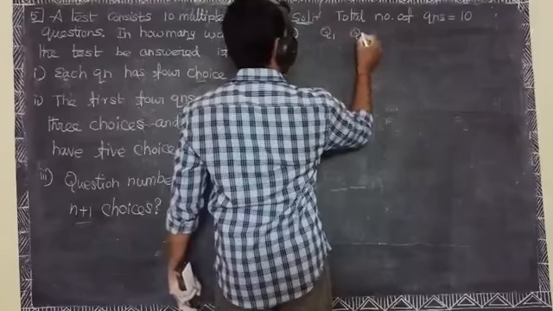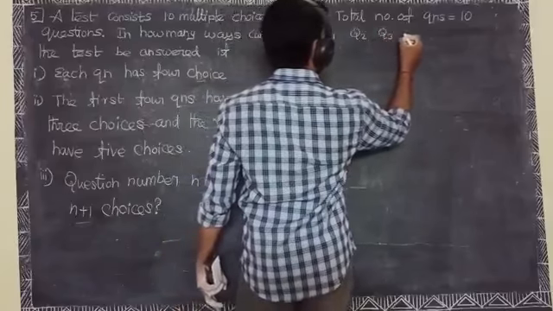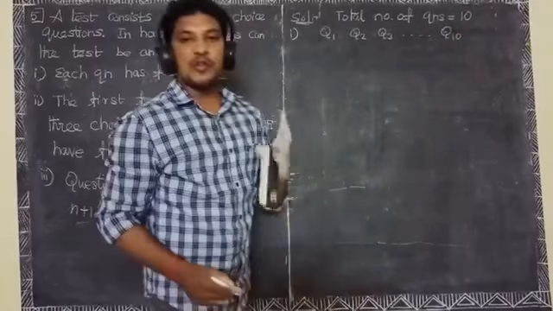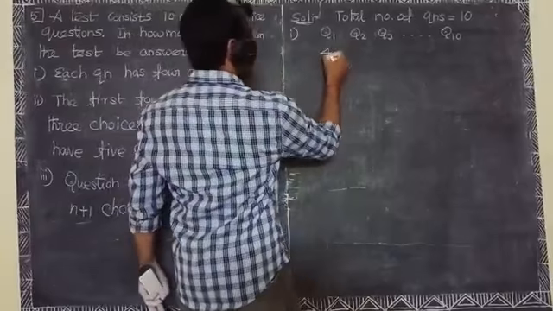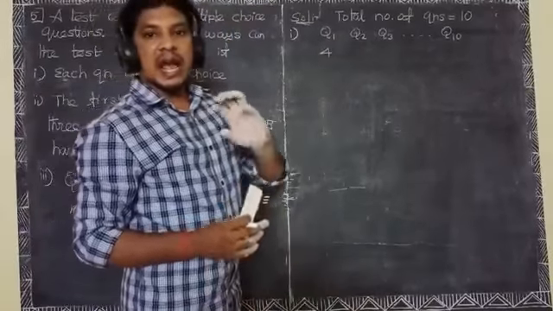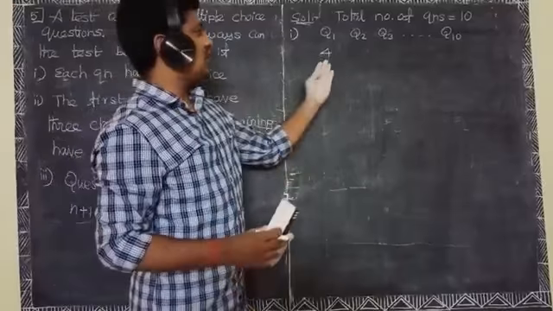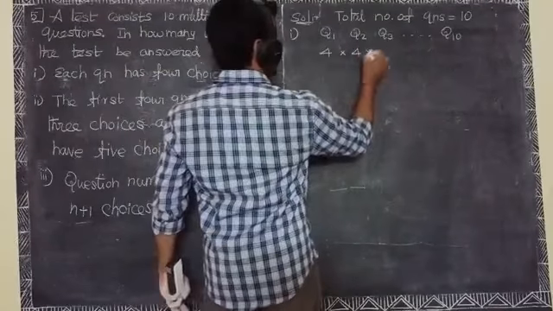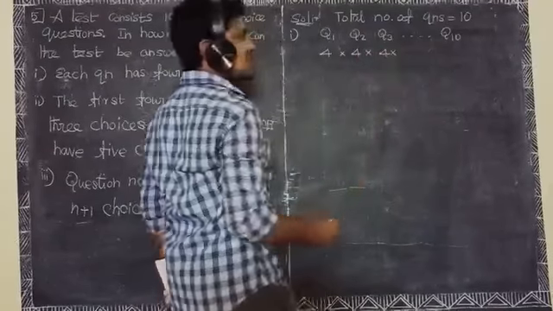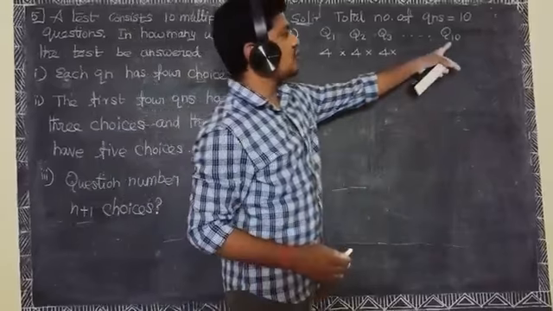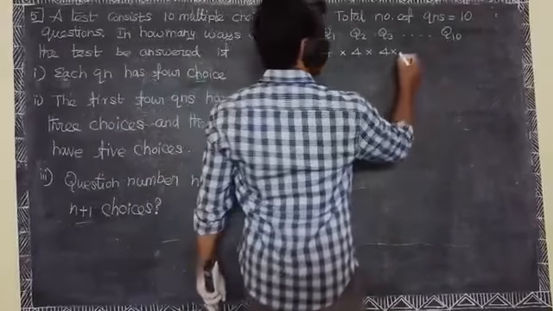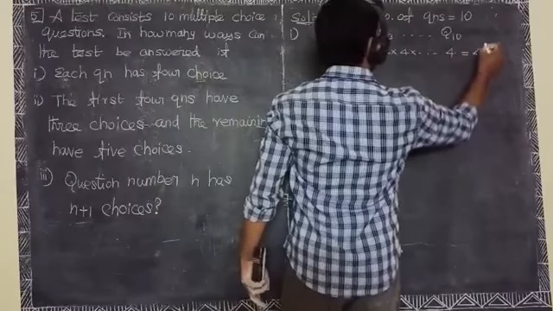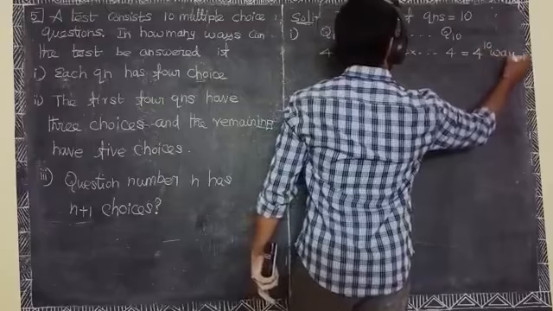Question 1, question 2, question 3 and so on up to question number 10. Each question has 4 choices. Question 1 can be answered in 4 different ways, question 2 in 4 different ways, question 3 in 4 different ways, and so on up to 10 questions. That is 4 into 4 and so on, which is 4 power 10 ways.